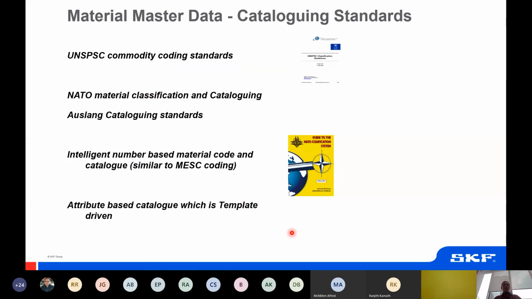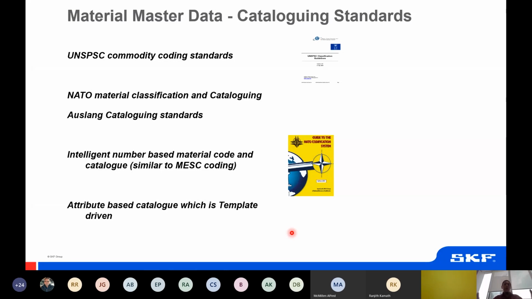So these are additional standards. Okay, you may have a different standard. UNSPSC is common for consumer goods products, and NATO was also absorbed by the Australian language cataloging previously.